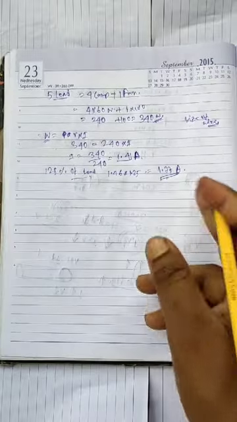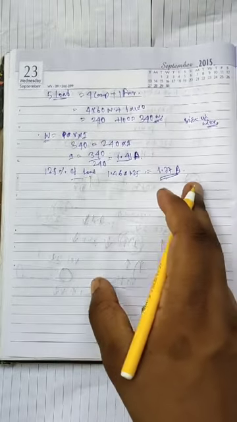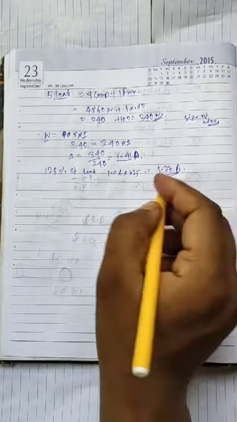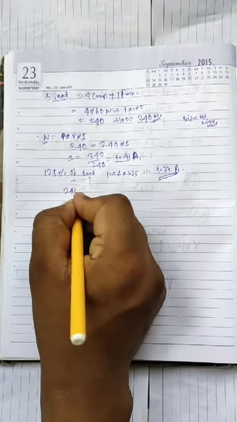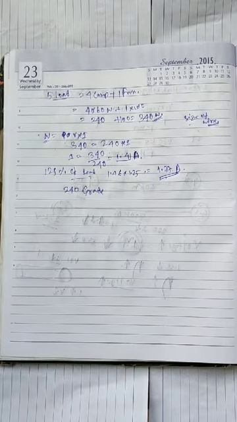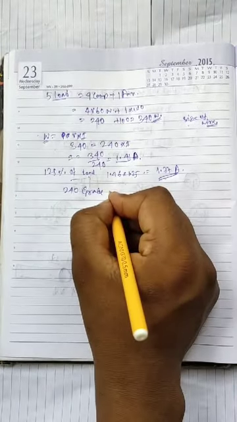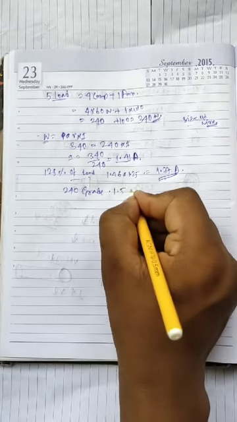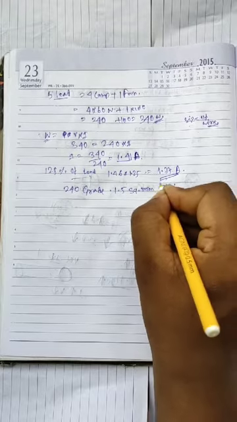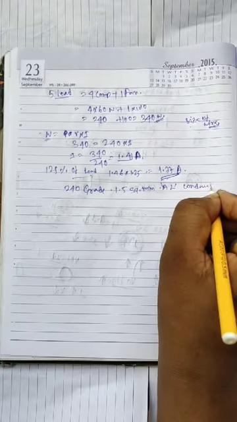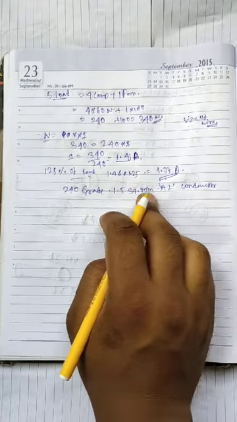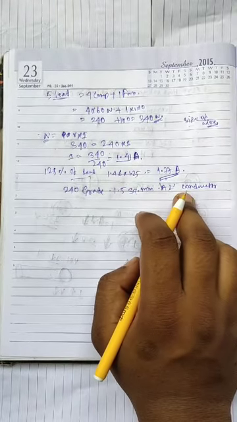Okay, this is the rating of wire. That means we need a 240 volt grade, 1.5 square millimeter aluminum conductor needed. Okay, 240 volt 1.5 square millimeter aluminum conductor needed.